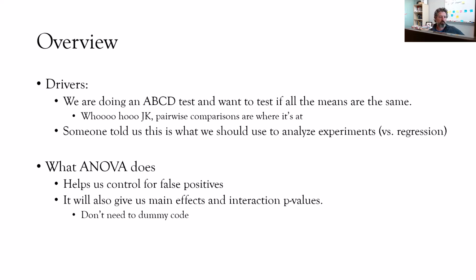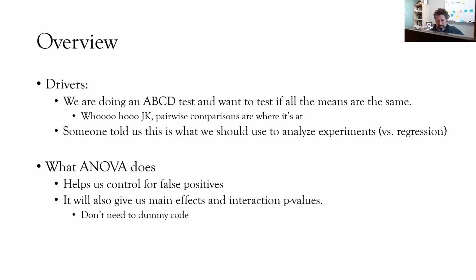Remember the whole idea we talked about behind experiments, and p-values in particular, and statistics: the whole idea is to keep us from saying something is happening when in fact it isn't. That is the idea of a false positive or a type 1 error. The more statistical tests we conduct, and the more things we look at, sooner or later we're going to find something that looks like something is going on just by chance alone.